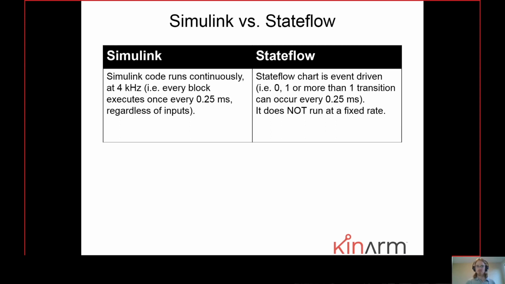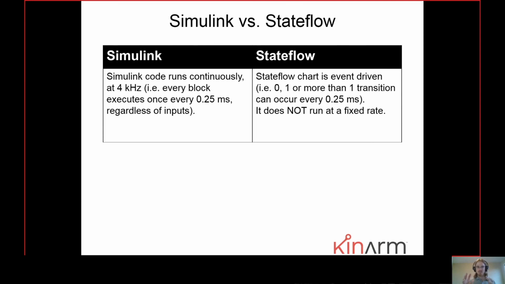So Stateflow versus Simulink. Everything in your Simulink chart is constantly running. Every quarter millisecond, all of the blocks you see run all of their code. Whereas with Stateflow, you're in a state, and every millisecond or more, depending on how many input events there are, it will wake up, look for transitions, and potentially take a transition or not.